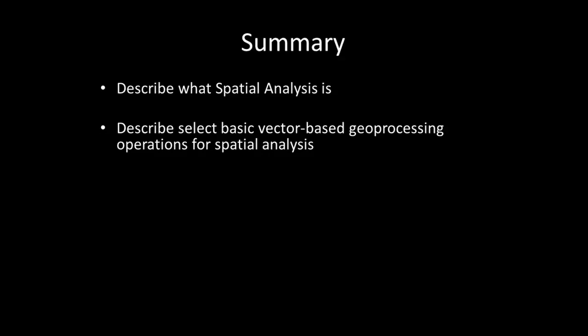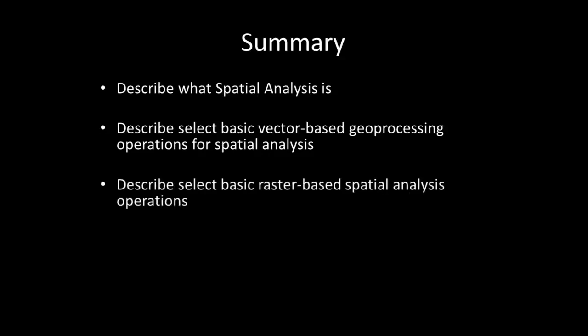Keep in mind, too, that these were just a selection of the most common vector-based geoprocessing operations. You should further explore geoprocessing capabilities of your GIS software to see what other geoprocessing spatial analysis options exist for you.